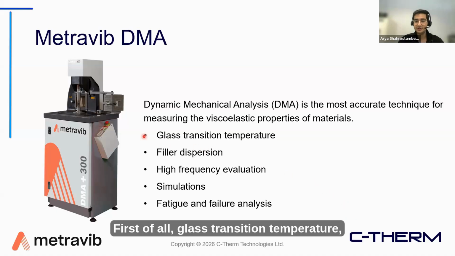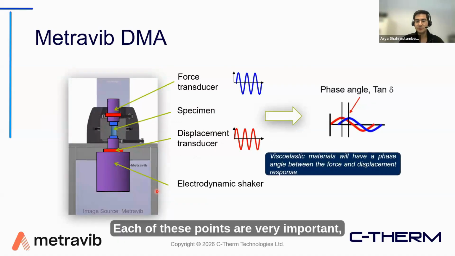First of all, glass transition temperature, which is one of the core values of DMA, filler dispersion, high frequency evaluation, simulation, as I mentioned before, and at the end, fatigue and failure analysis. Each of these points is very important, but before I go further, let's talk about DMA and how it works.